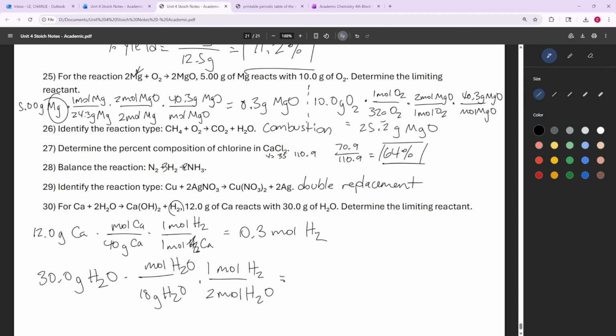That's 30 divided by 18 times 1 over 2, that's 0.83 moles of hydrogen. So we're making fewer moles of hydrogen with calcium. Calcium has to be the limiting reactant.